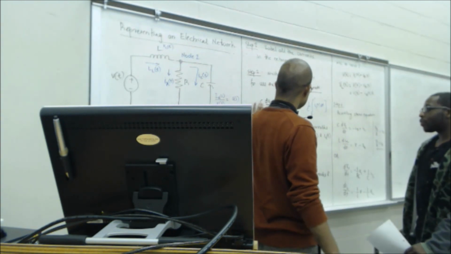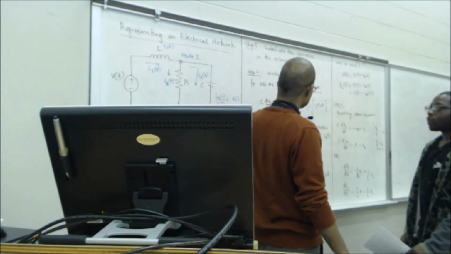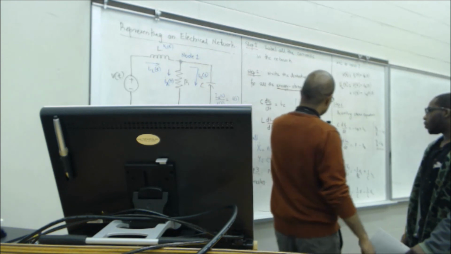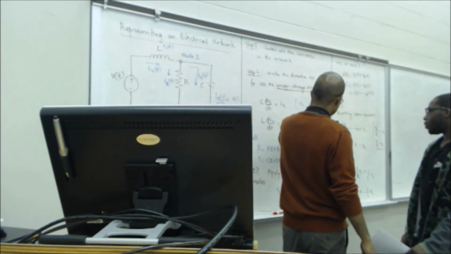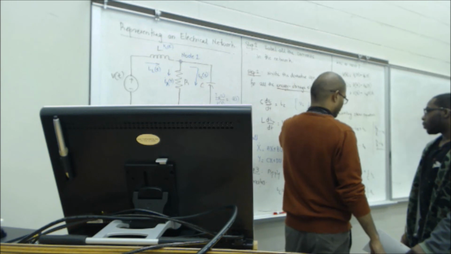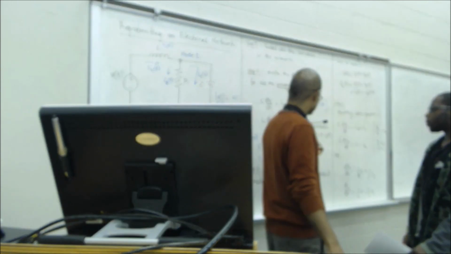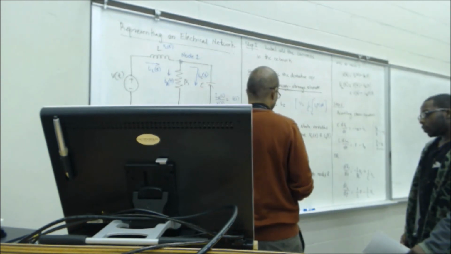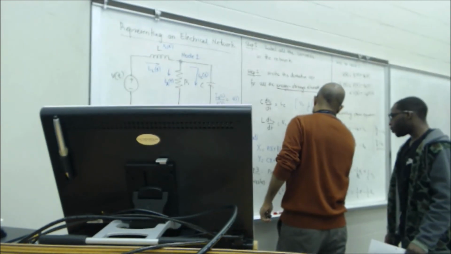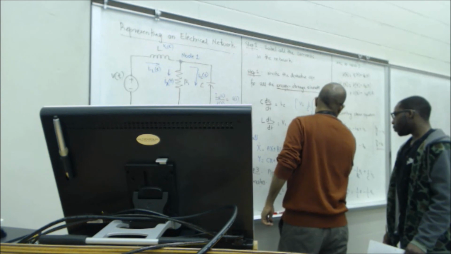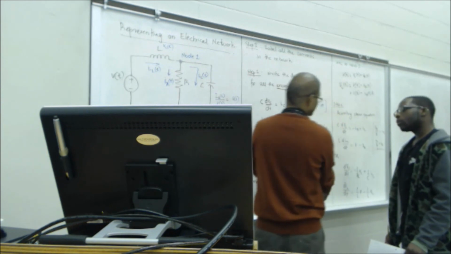So a state variable is defined as a linear combination of system variables. So here, let's say this is your Z1, and this is your Z2.